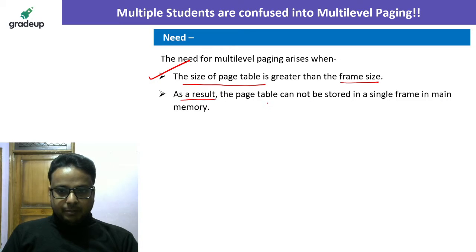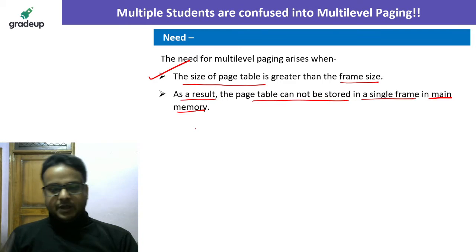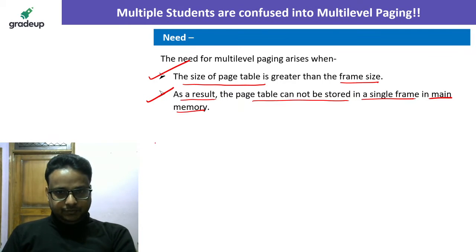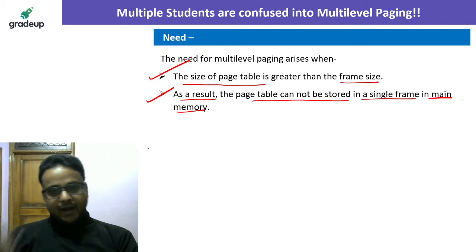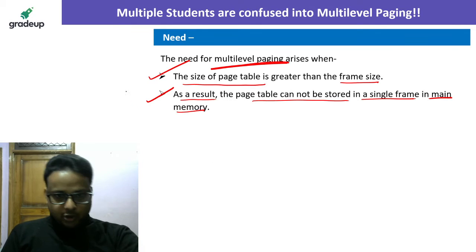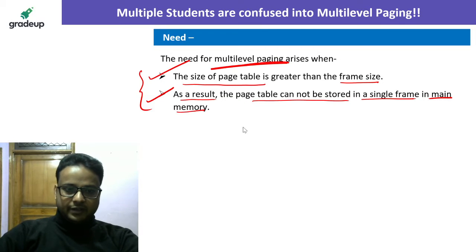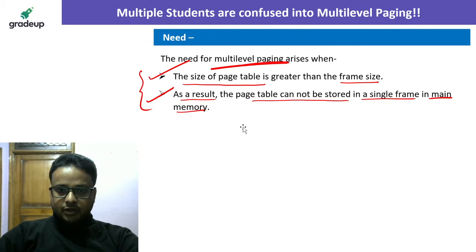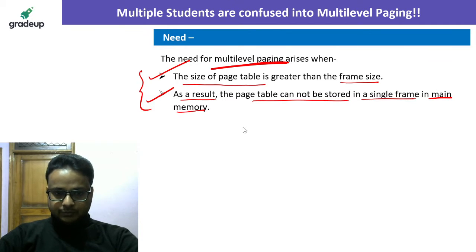As a result, the page table cannot be stored in a single frame in main memory, so you have to divide it into multiple pages, and we call this multi-level paging. Correct? Now please copy these two points, then we will take up one example so it will be better understandable. If you have any doubt, you can ask me.